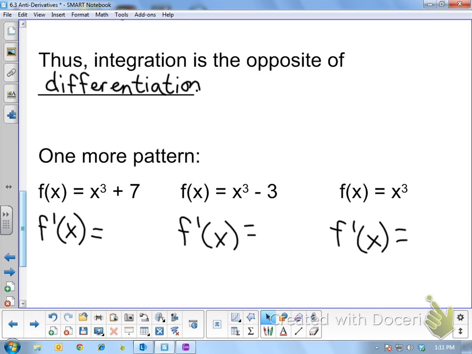So what are we noticing about the derivatives of these three functions? They're all the same. Every time I take the derivative, that constant disappears.